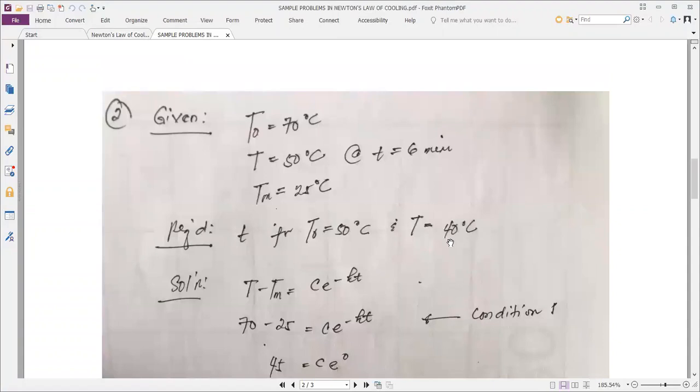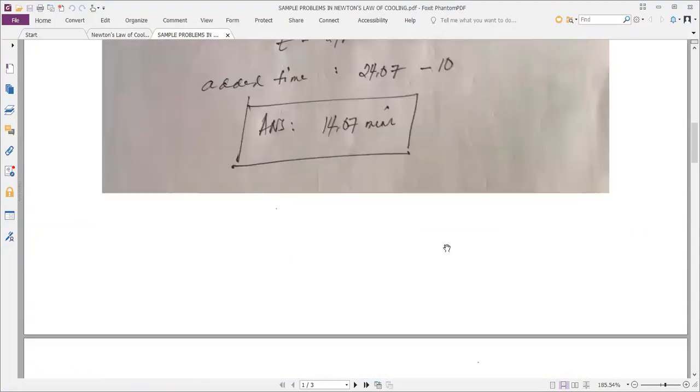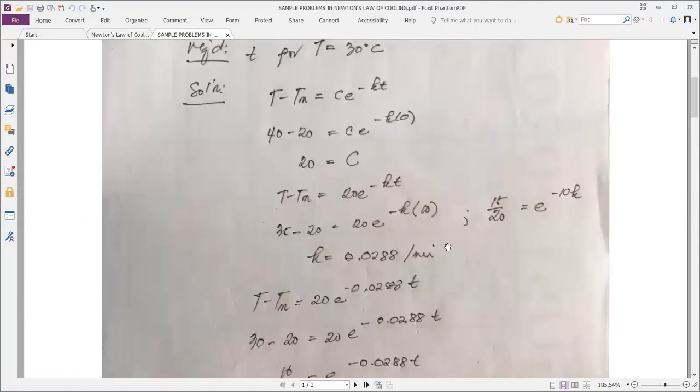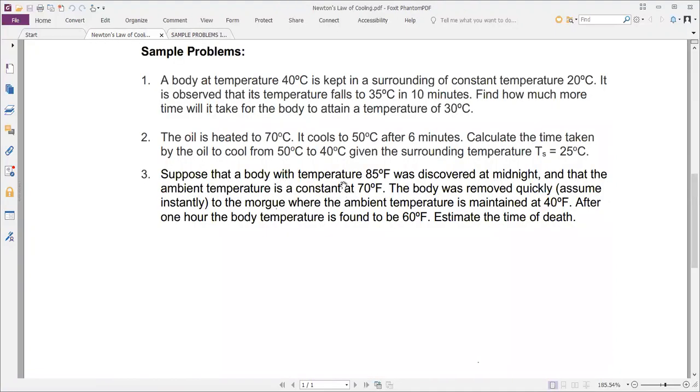Now, is this problem the same as number 1? Will this problem, in principle, be similar to number 1? So calculate the time taken by the oil to cool from 50 to 40.